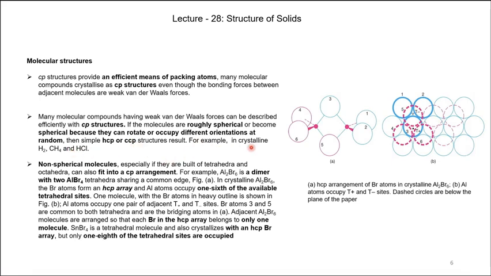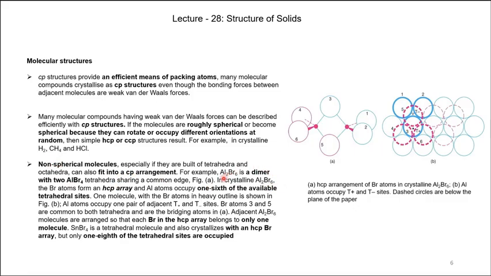Here we are taking some examples. For example, if we crystallize hydrogen, we have to go to a very low temperature; likewise methane and hydrochloric acid. We can describe them as hexagonal close packing or cubic close packing structures, but the molecules can rotate and occupy different orientations at random. So far we have assumed that our atoms are spherical, but non-spherical molecules can also fit into a close-packed arrangement.